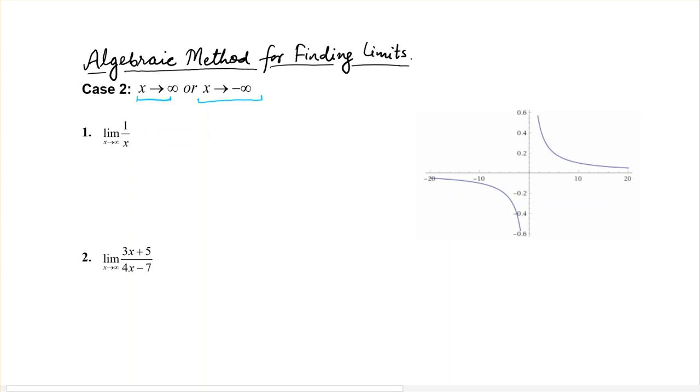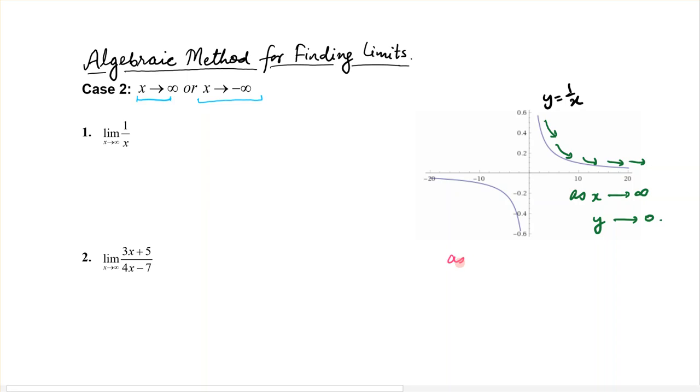Also, if you look at the graph of y equals 1 over x, which is given here, we see that as x approaches infinity, the y value is approaching 0. Similarly, we can look at the other side.